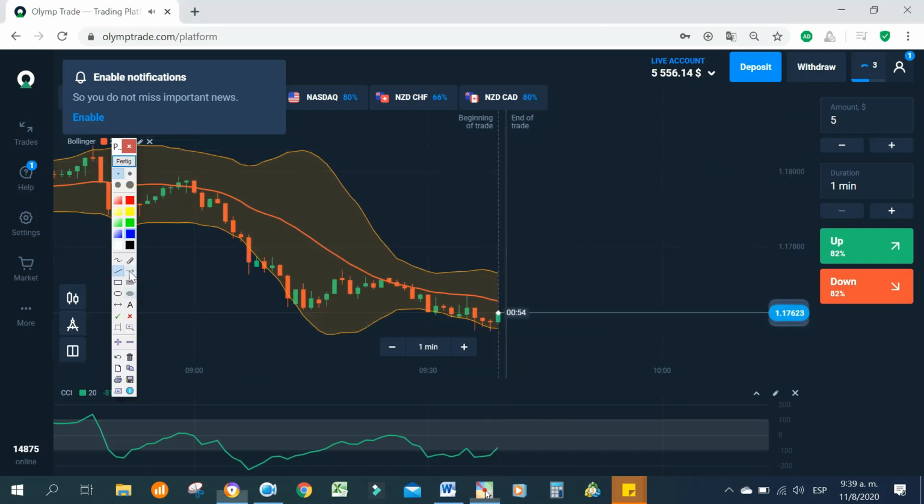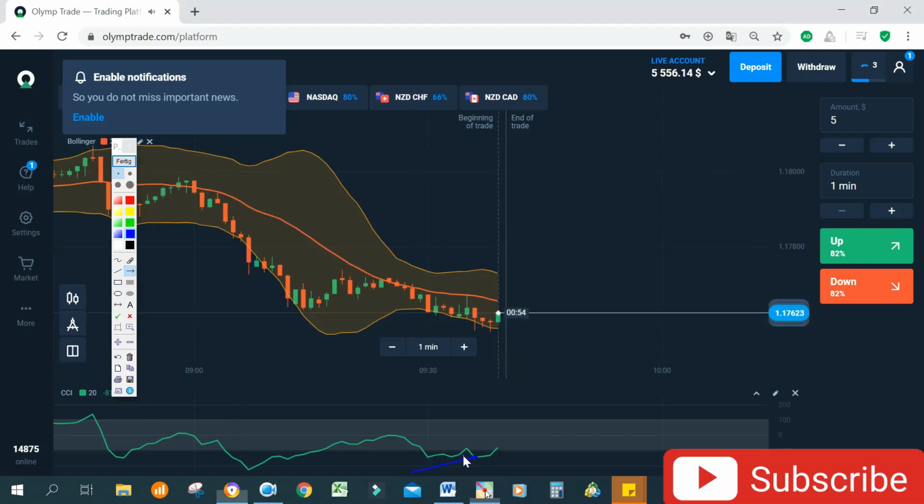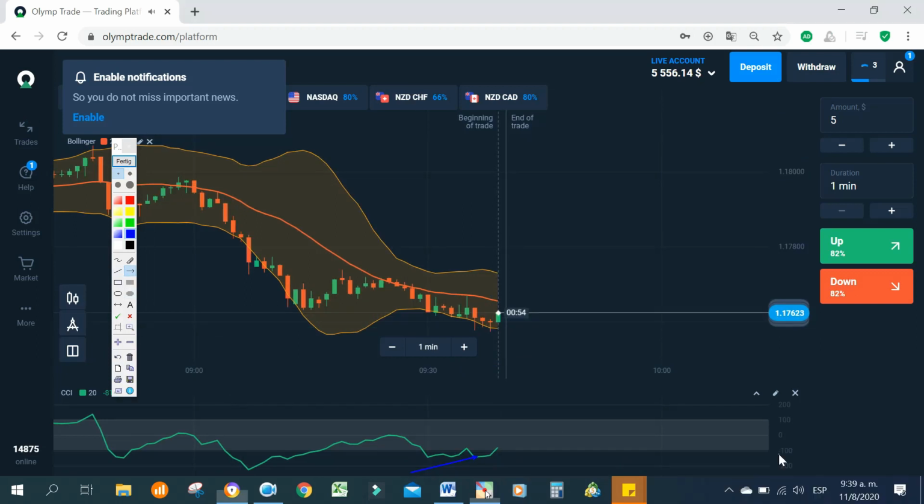It's really simple. As I told you, we need to have the CCI in the oversold zone, which is here, below minus 100, and we also need to have the price touching this line of the Bollinger Bands.